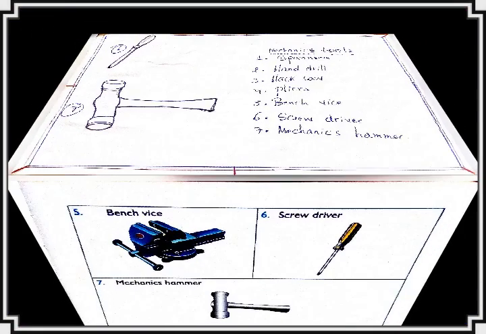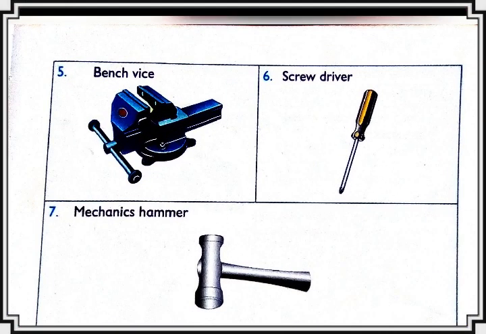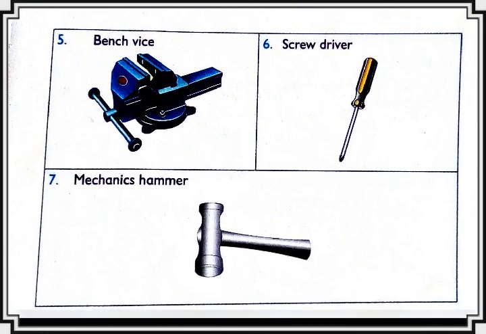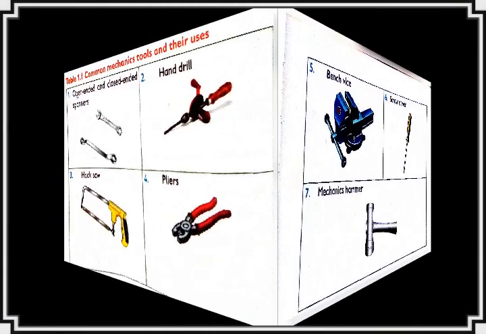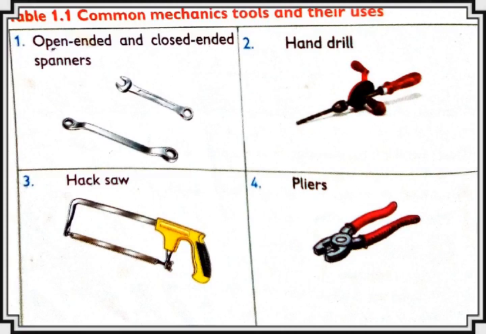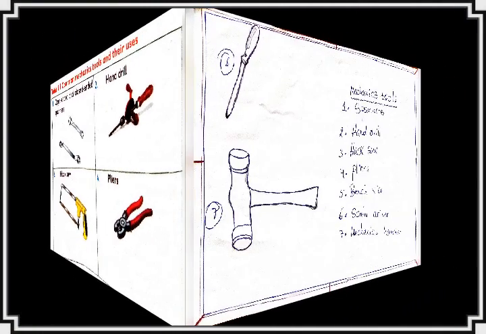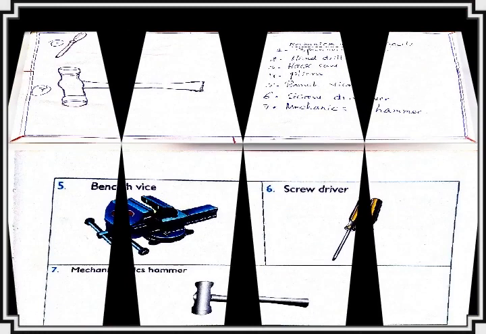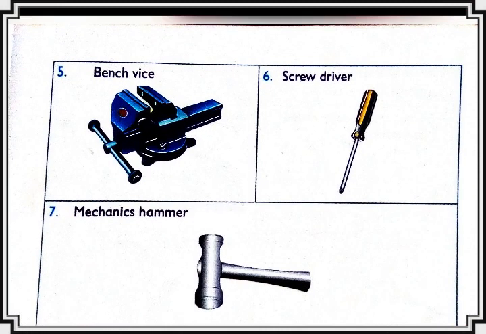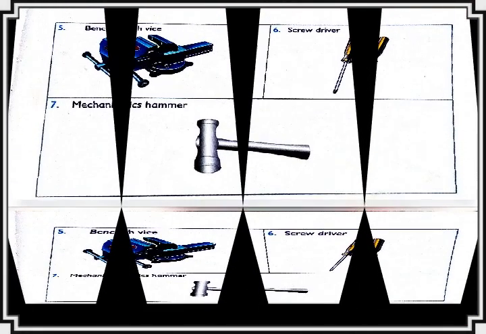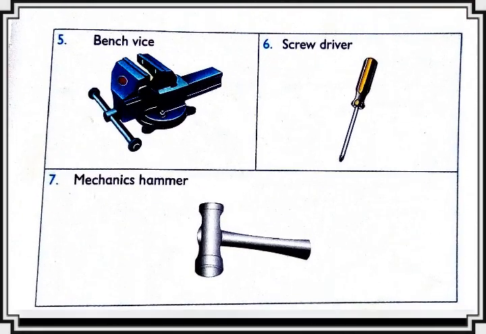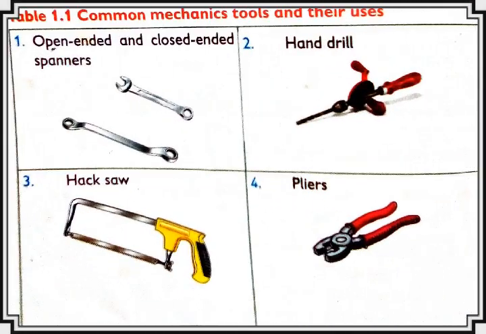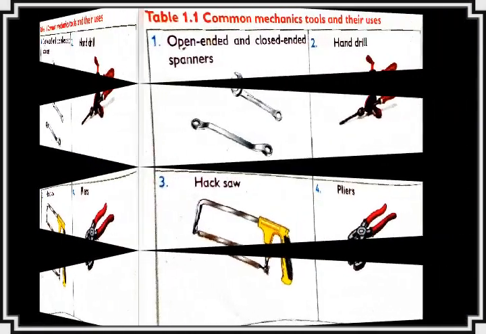Number 1 is called spanners. Number 2, hacksaw. Number 3, hand drill. Number 4, pliers.